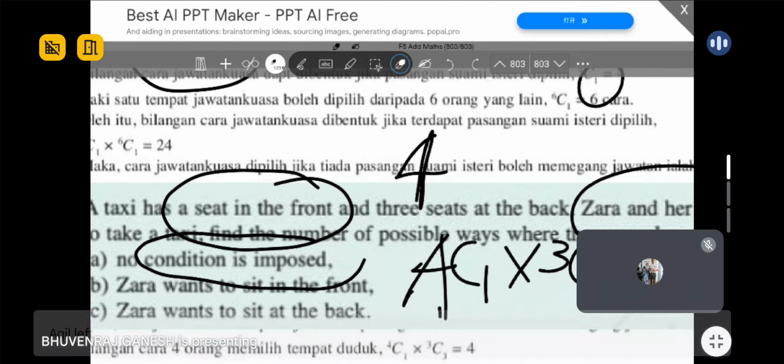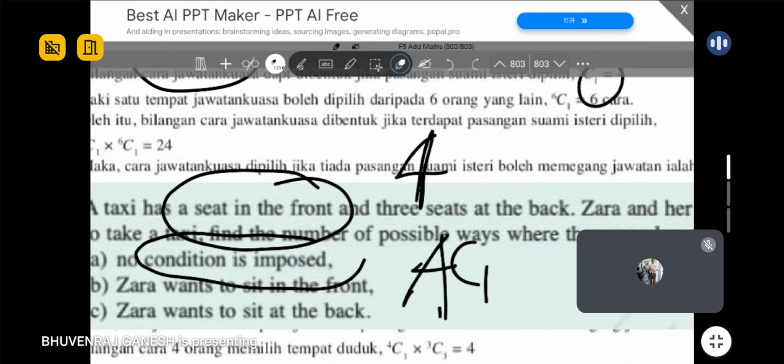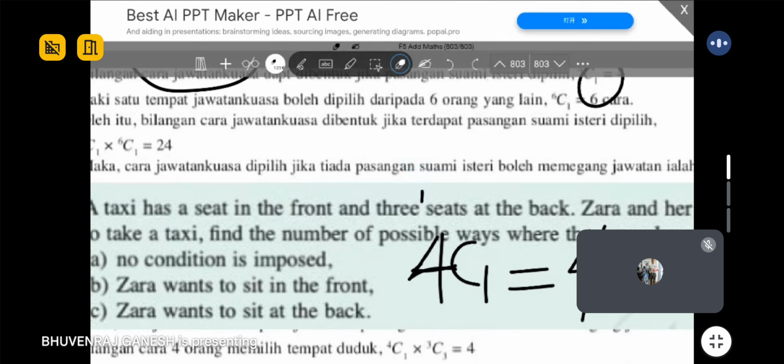It's generally 4 only lah. 4 cara sahaja. So the answer is 4. Actually, if you don't want to write 3C3 also can. You can just write 4C1. 4C1 sahaja akan bagi jawapan. The answer is 4. You no need to write 3C3 also. So this is the answer for part A.